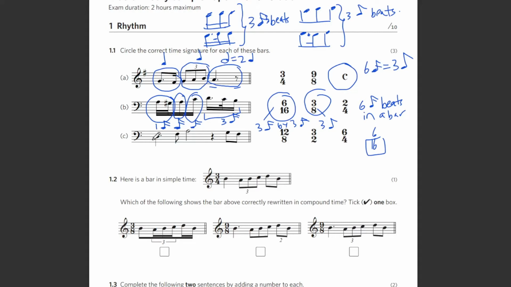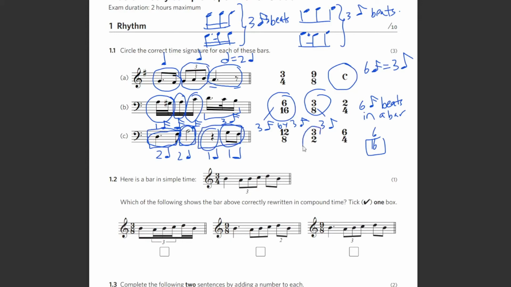So a dotted crotchet plus a quaver equals 2 crotchet beats. This is equal to 2 crotchet beats. This is a minim, so a minim equals 2 crotchet beats, and another 1 crotchet and another 1 crotchet. If you take a look, the grouping of the notes seems to be minim beat by minim beat. So this is the first minim beat, second minim beat, and this is the third minim beat.